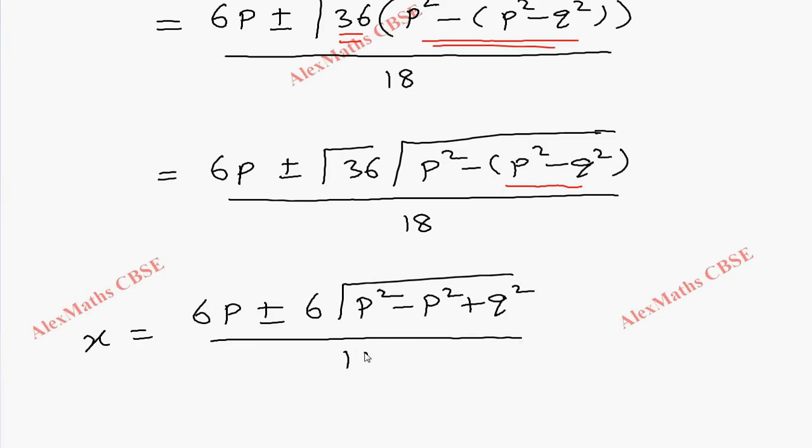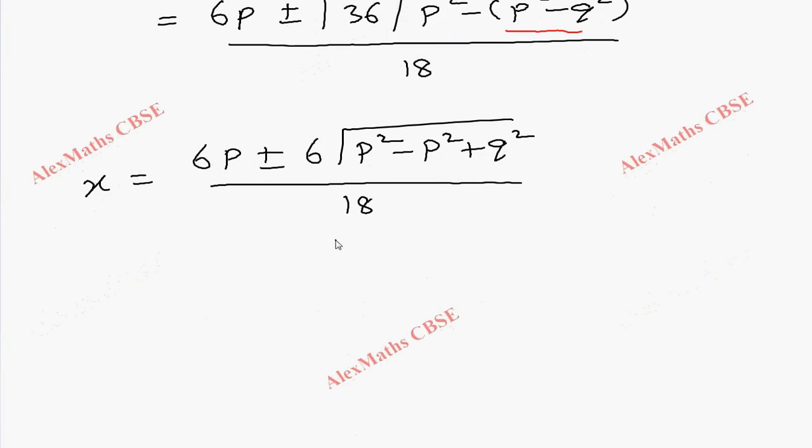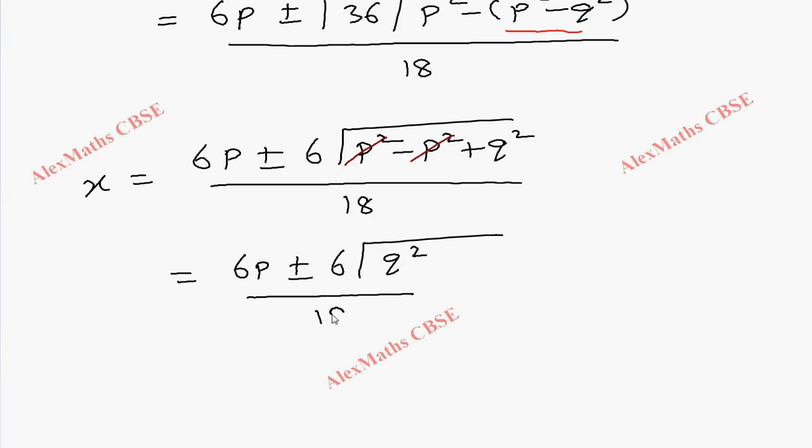whole divided by 18. So this is 6p plus or minus 6 root, we can cancel p square minus p square, we are left with only q square, whole divided by 18, and from this we can write this as 6p plus or minus 6q whole divided by 18.